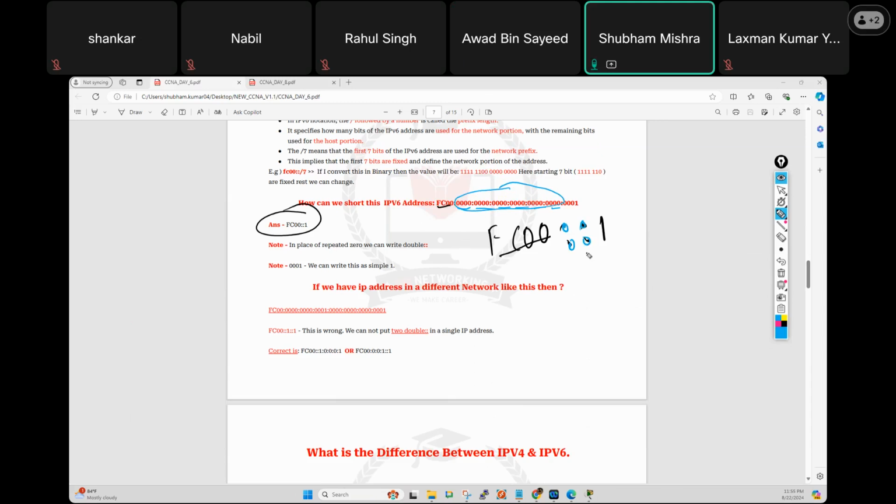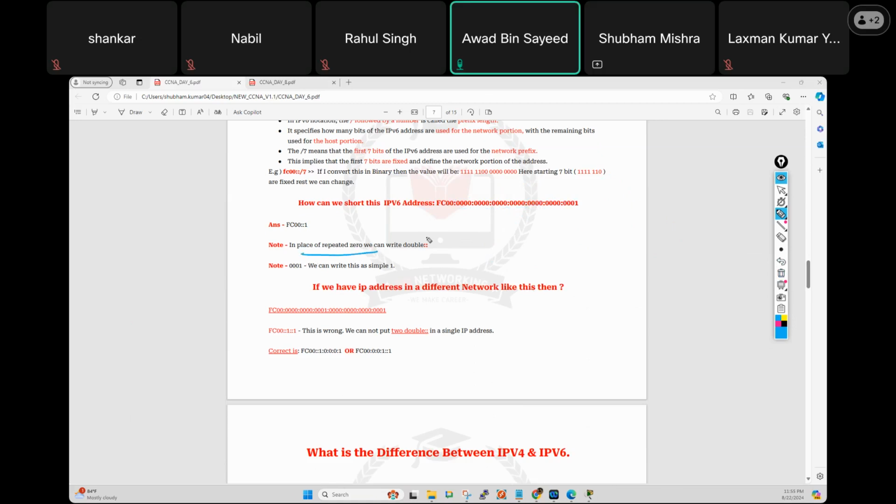And the last one is 0001, so instead of 0001 you can simply write 1. So this is the shortcut form. In place of repeated 0, we can write double colon, and 0001 we can write simply 1.